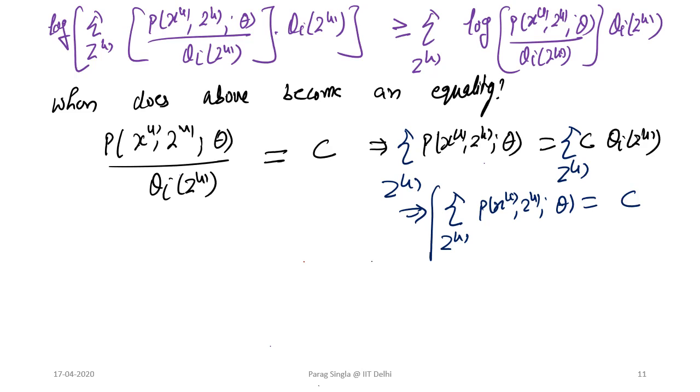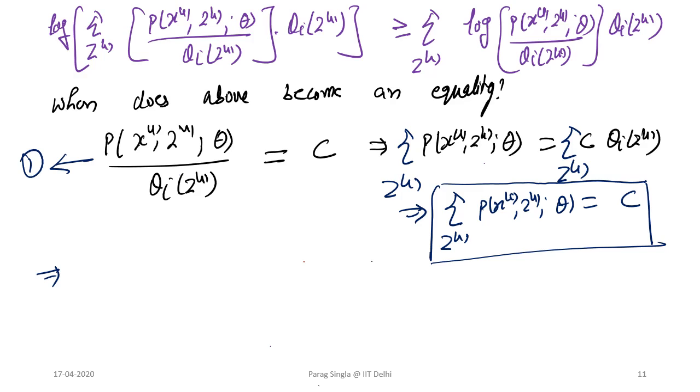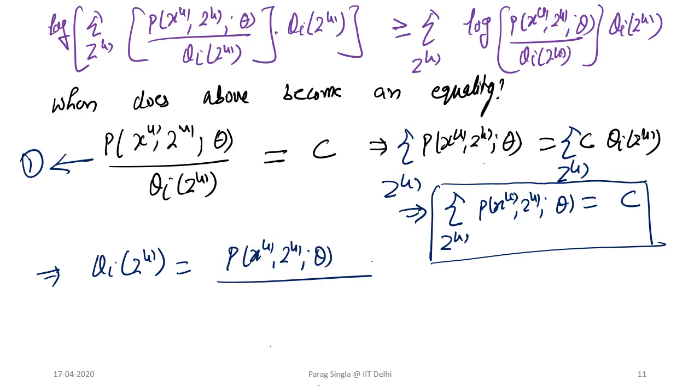So this is the value of the constant that we need, and substituting it back in equation one, we get qi(zi) is nothing but p(xi, zi; theta) over c, where c is summation over zi of p(xi, zi; theta), which is nothing because we are summing over all zi's.